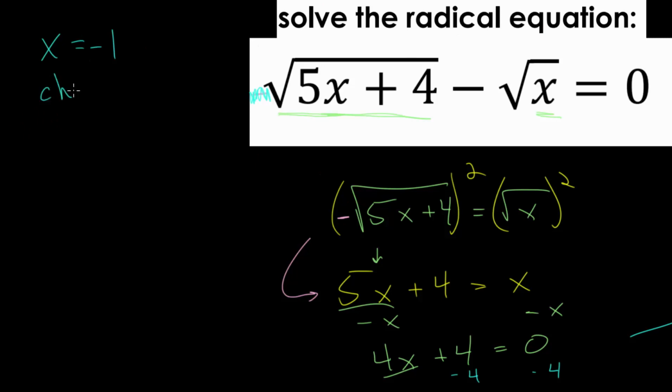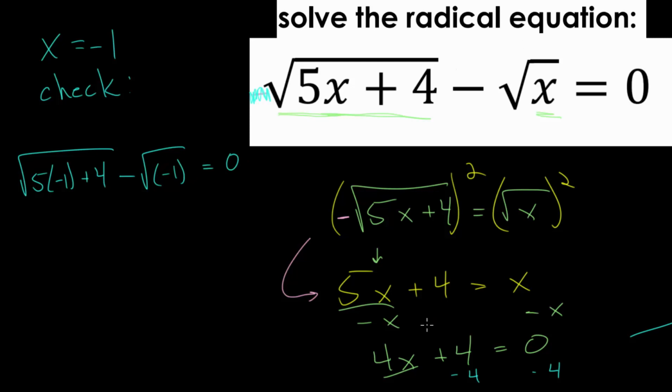So when we check this, we plug it in, we get the square root of 5 multiplied by negative 1 plus 4. And we subtract the square root of x, which again is -1, and all of this should equal 0. Now, this is a little bit complicated.